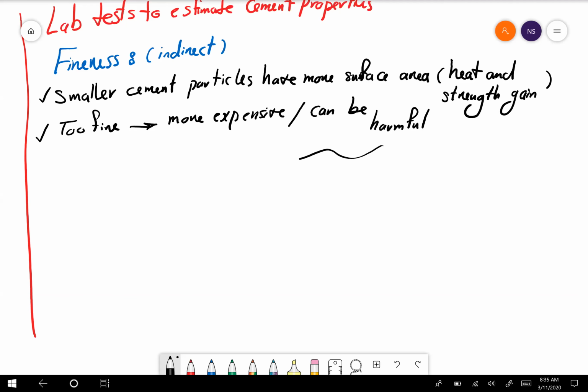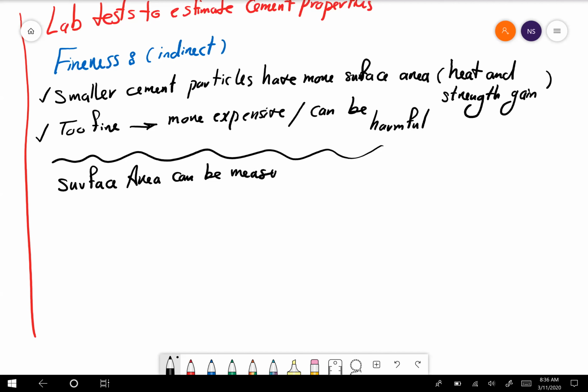Now, how do we measure the surface area indirectly? Surface area can be measured indirectly, right? Because again, unless you have a very high precision scanning electron microscope, or SEM, you won't be able to see how fine cement particles are.